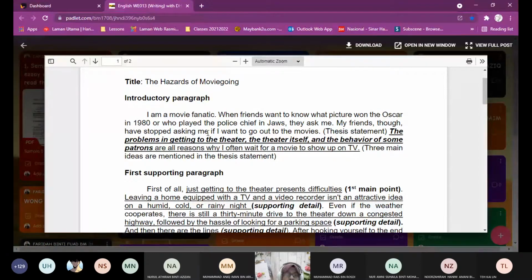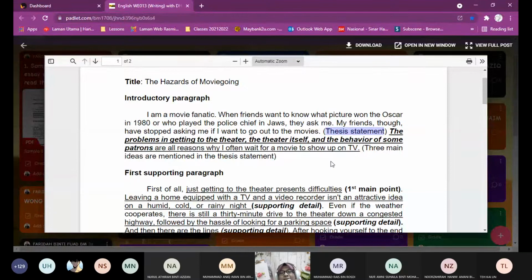In the last sentence of the introduction paragraph, you have to write a thesis statement. For academic writing, a thesis statement is a must.